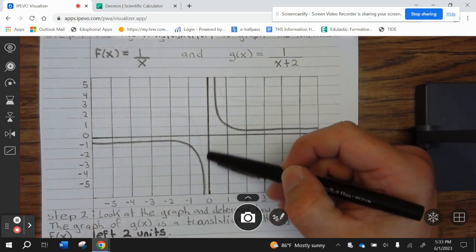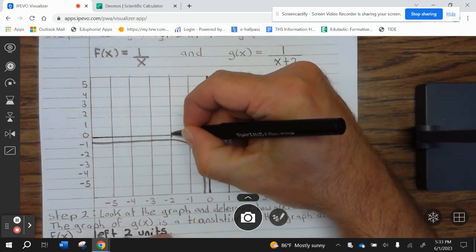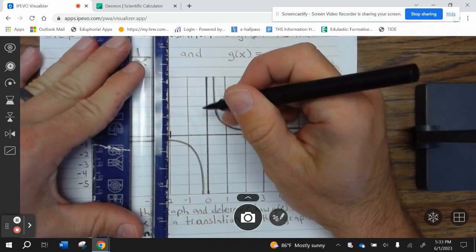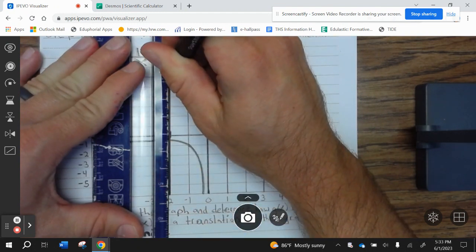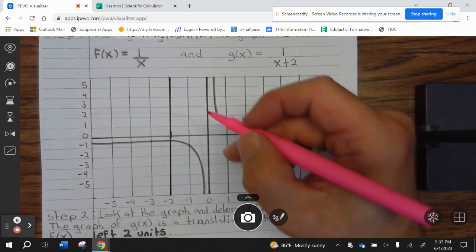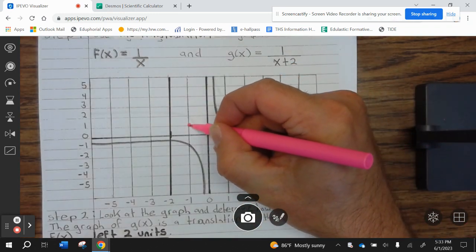That means the vertical asymptote goes left 1, 2. Okay, so your point goes left 1, 2.